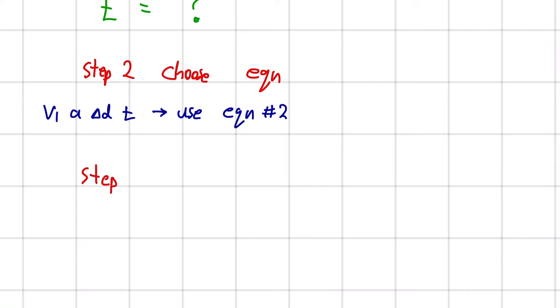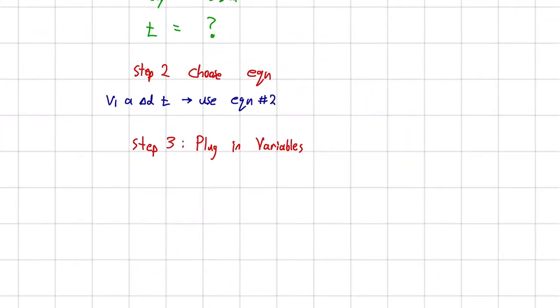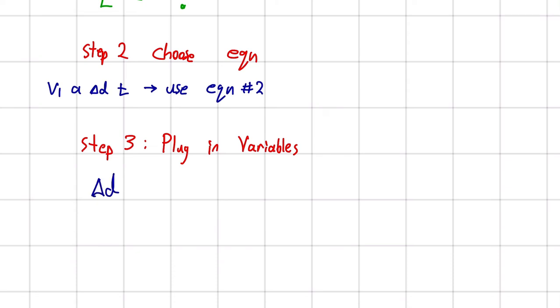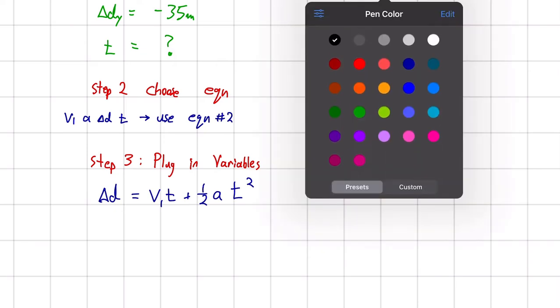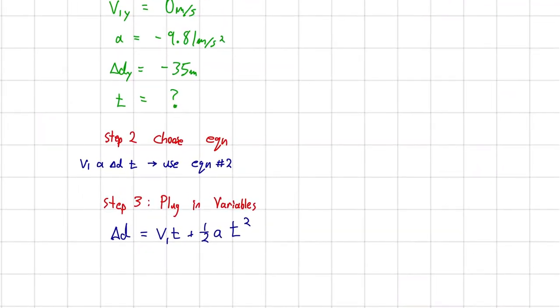Move to step 3. Going to plug in our variables. So let me first rewrite equation 2. From the table, remember it was delta d is equal to v1 t plus 1/2 acceleration times time squared. And let's plug in these variables. I'm going to keep them in green so we can keep track of them all.